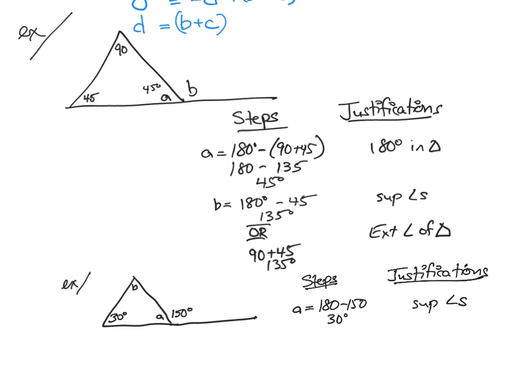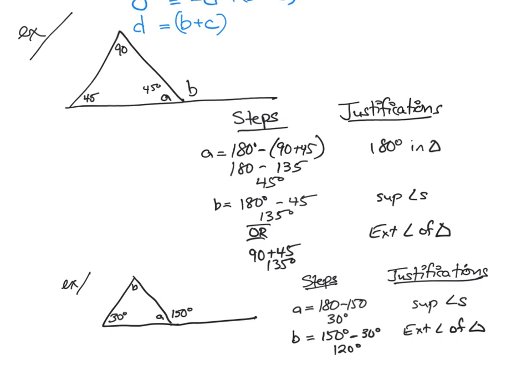And you could say B is 150 degrees minus 30 degrees, which is 120 degrees, because of exterior angles of a triangle.